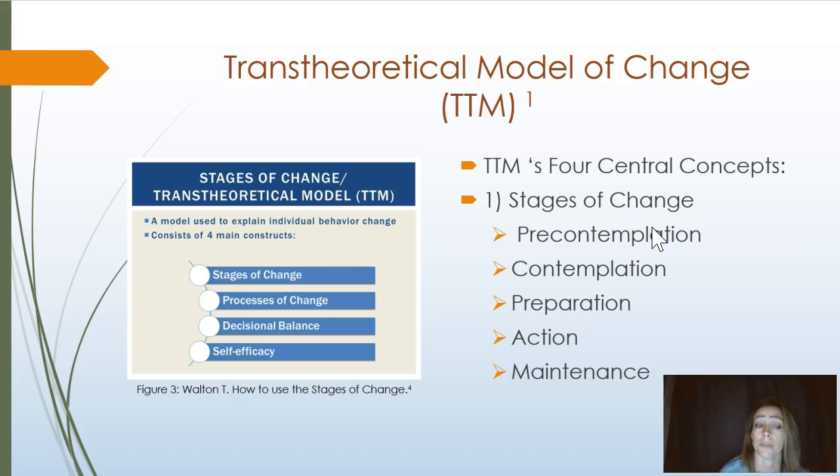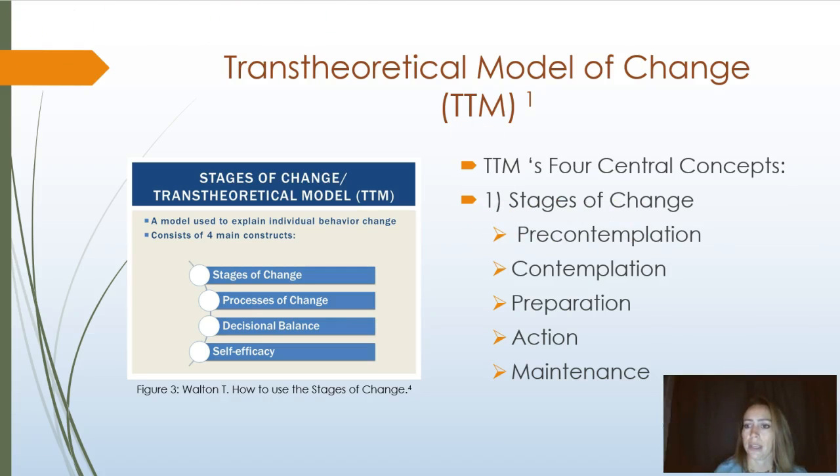The second stage is the contemplation stage, where the client is now willing to consider change. The third stage is preparation, where the client plans to change behavior. Action is the fourth stage, where the client puts that plan into motion. And the last stage of change is maintenance, where the client sustains the desired behavior.